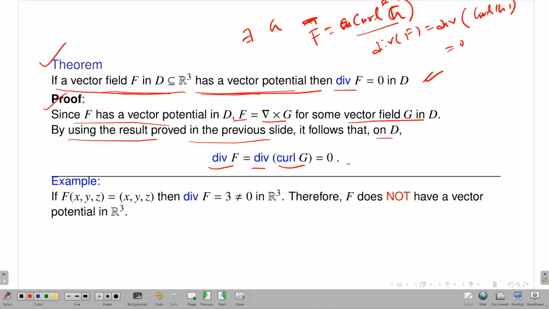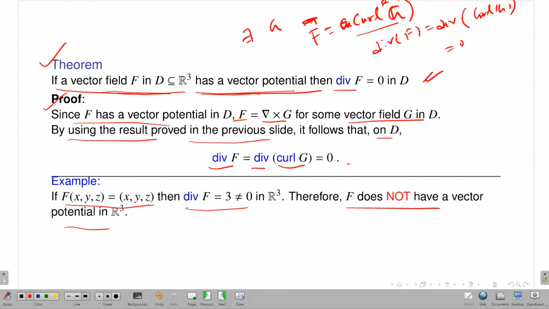Okay. So, this is a simple example. If capital F is my vector field, and I calculate the divergence, it is non-zero. Therefore, this theorem says that F does not have a vector potential, because if capital F has a vector potential, then the divergence of this vector field has to be 0.